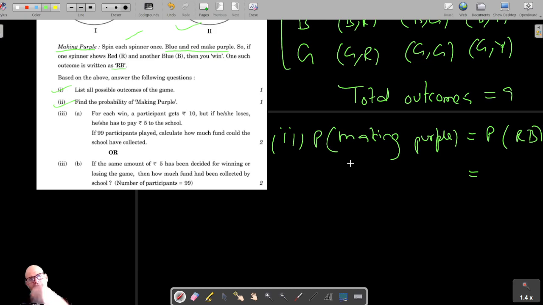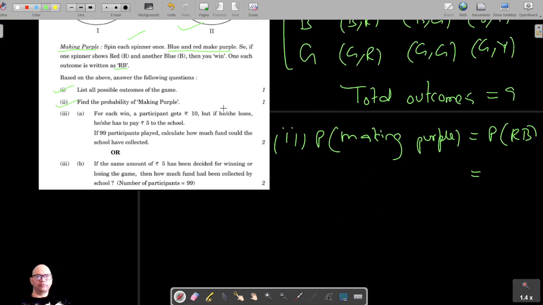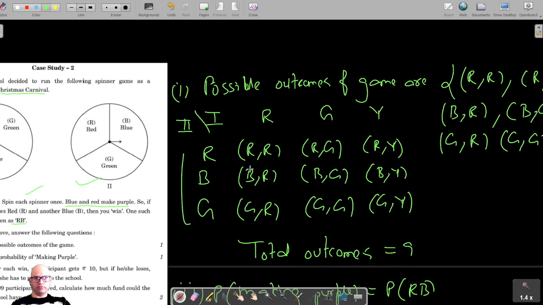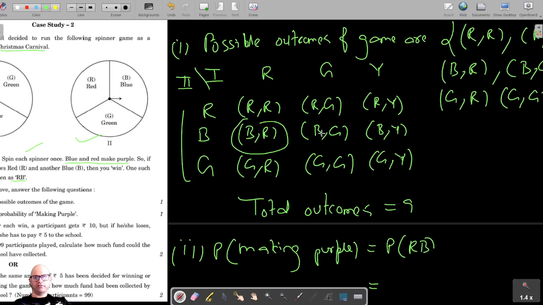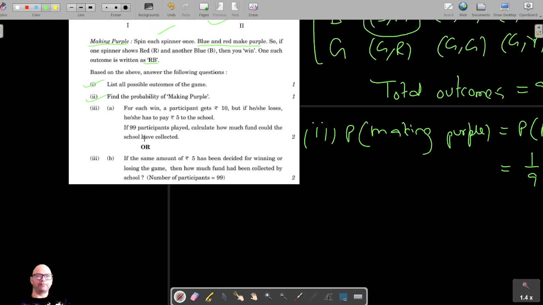Sorry, blue and red. Spinners blue and red make purple. RB or blue red is the same thing. We only have one option for red and blue, so the probability of making purple is 1 by 9.